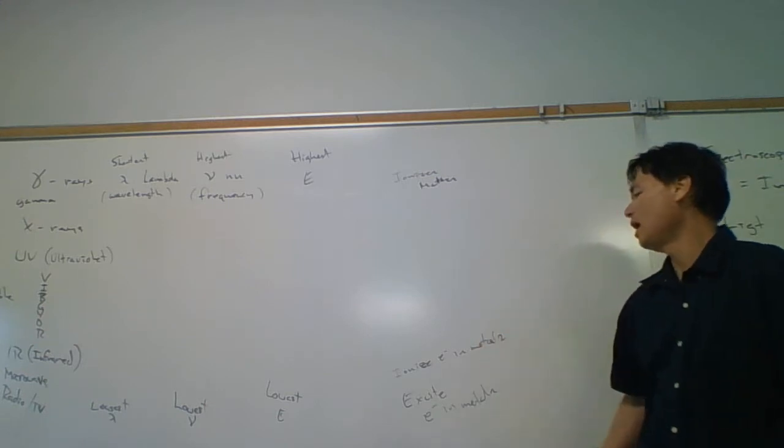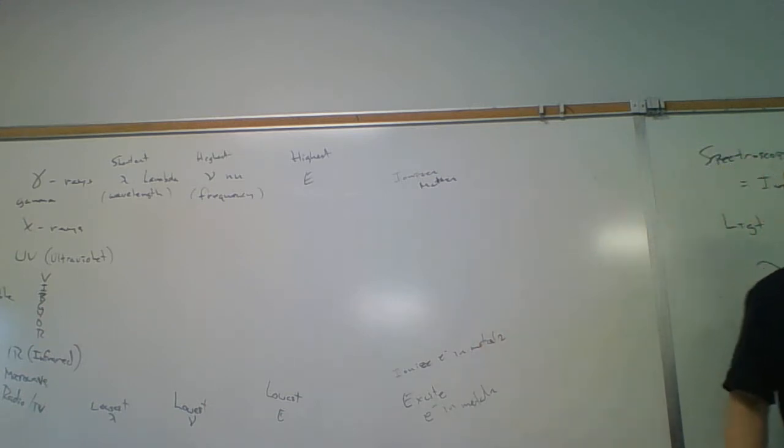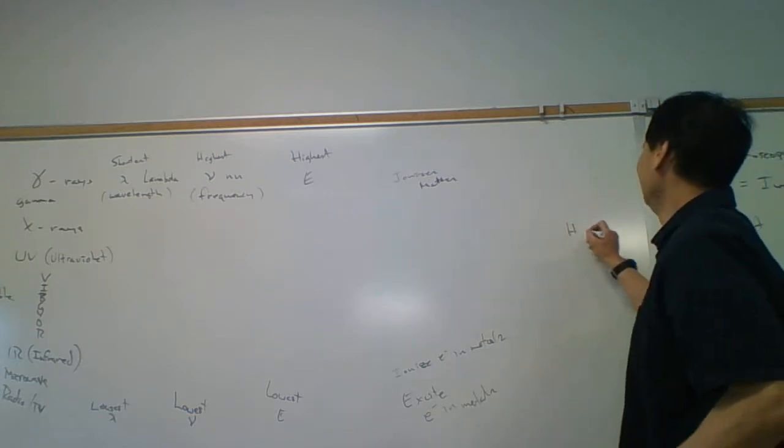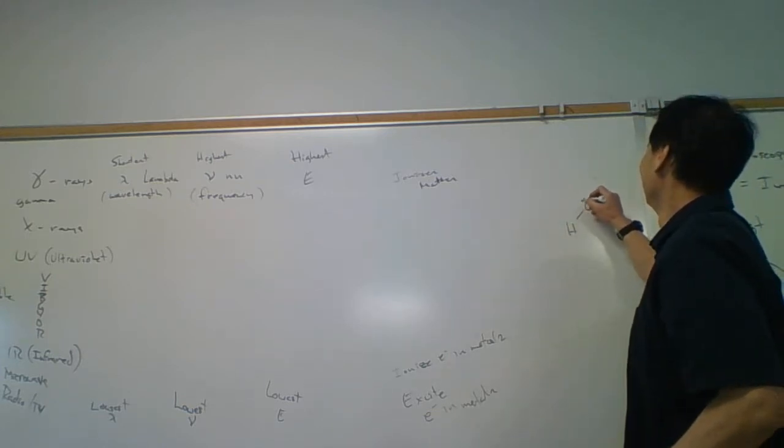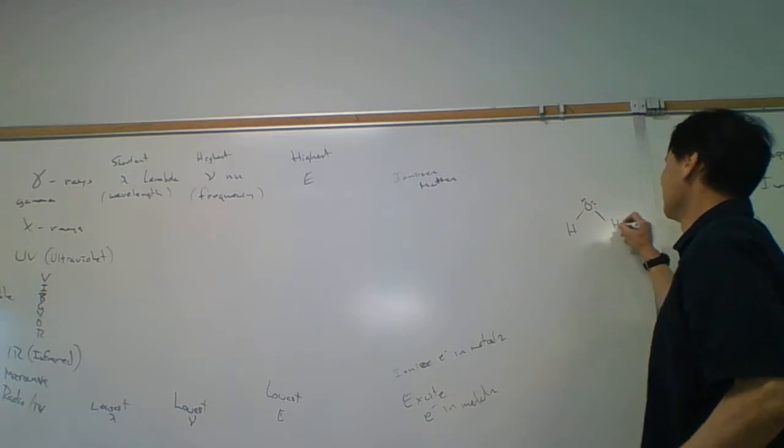But do you know how microwave ovens work? Microwave ovens have enough energy to rotate small molecules. Because if you think about it, if we look at water, let me draw it like this.